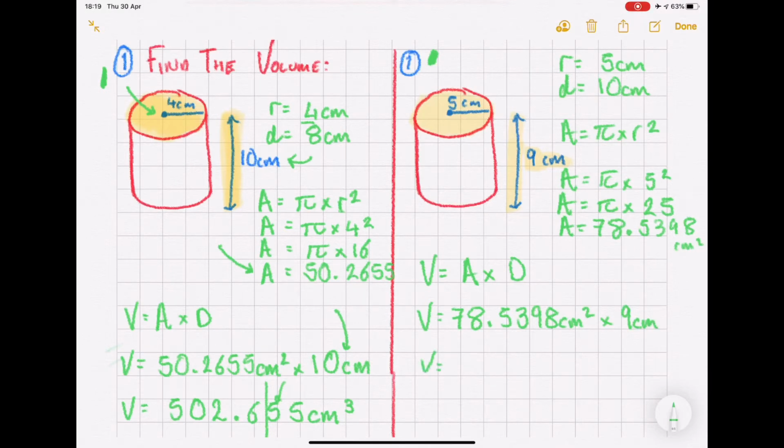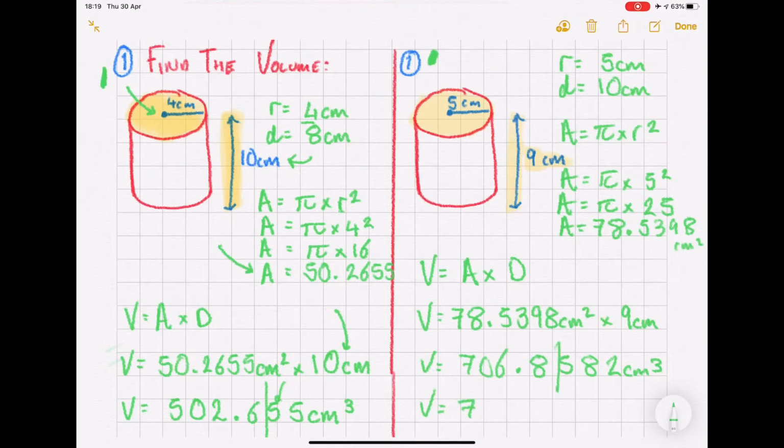You have to whip out a calculator for this one. 78.5398 times by 9 gives us 706.8582 centimetres cubed.